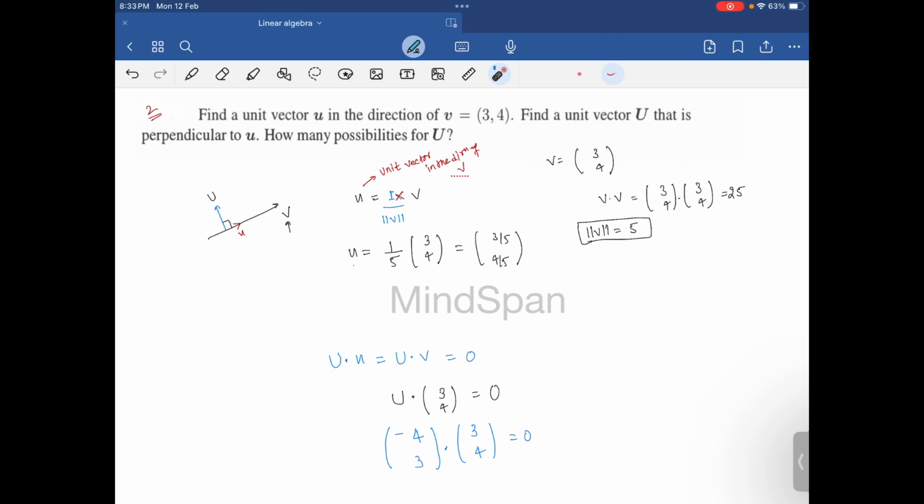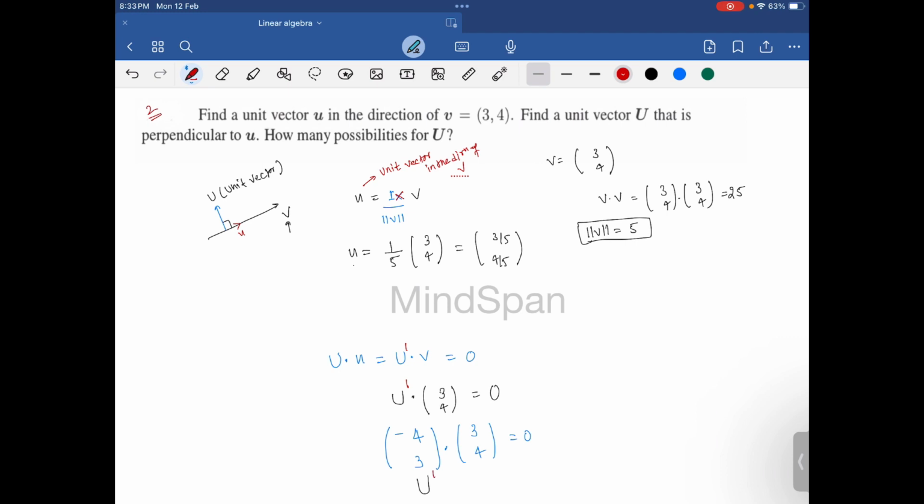So that means this is a capital U, but it is not exactly capital U, right? Because according to the question this capital U is a unit vector, right? So let me write it down. This is also a unit vector, right? So let me call this U dash.